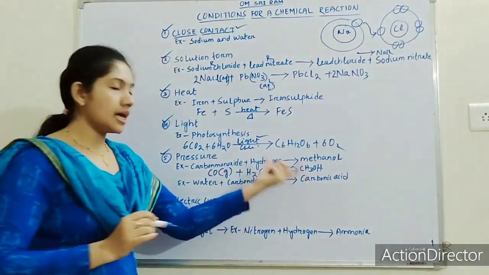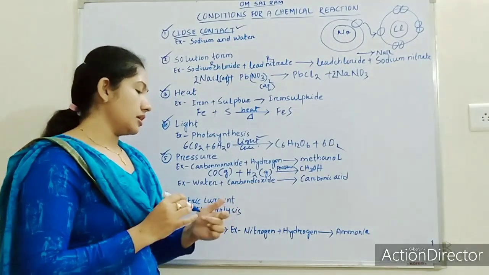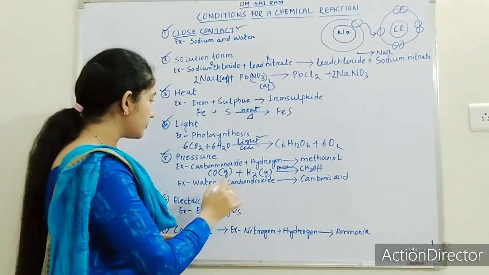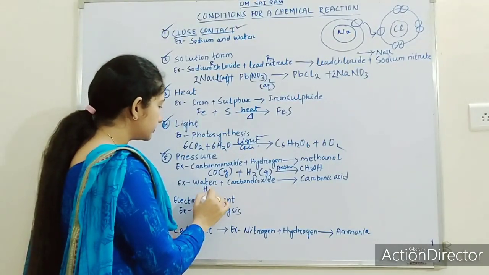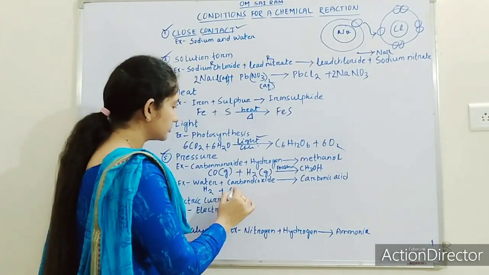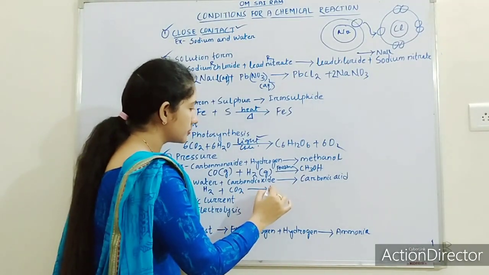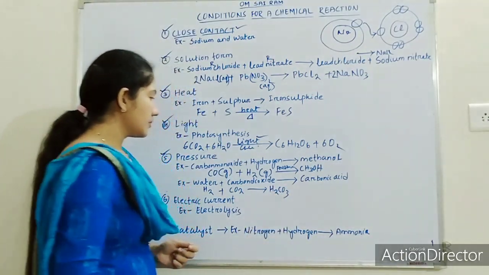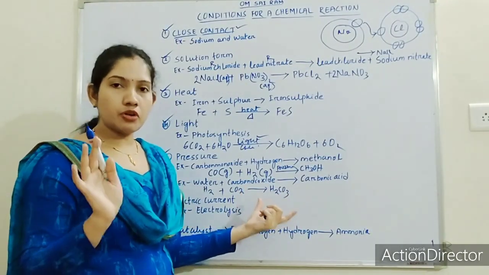So when they are kept in high pressure, they will form methanol. Again, one example we can take: water plus carbon dioxide. It forms carbonic acid. Okay. Here I am not balancing the equation because balancing we have not done.